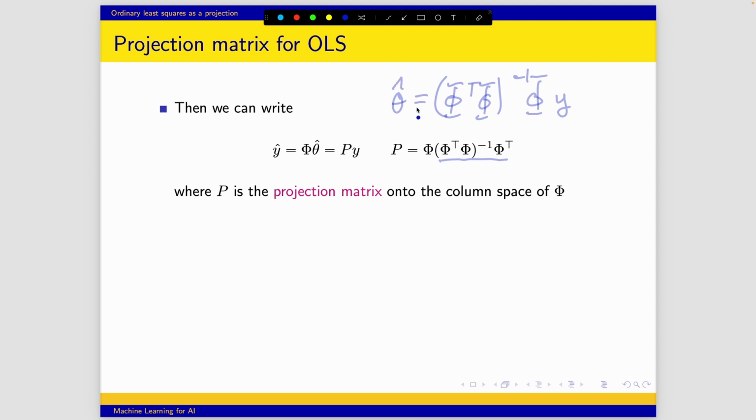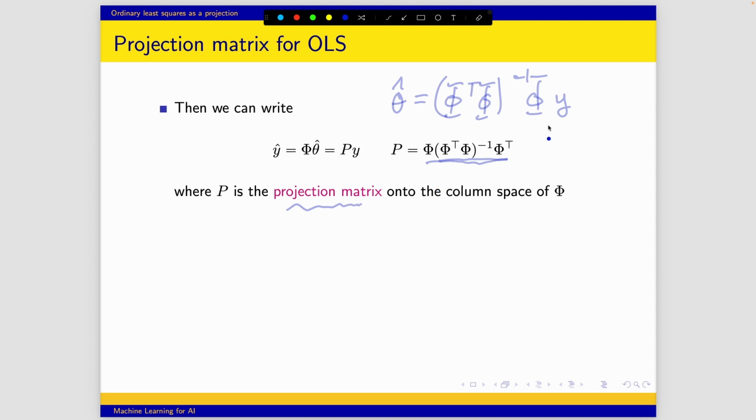And so we're doing phi times this, and we leave off the Y, and you get phi times this whole thing here, which we'll call P, and that's multiplying Y, and that's our approximation, P times Y, where this matrix P is a projection matrix.